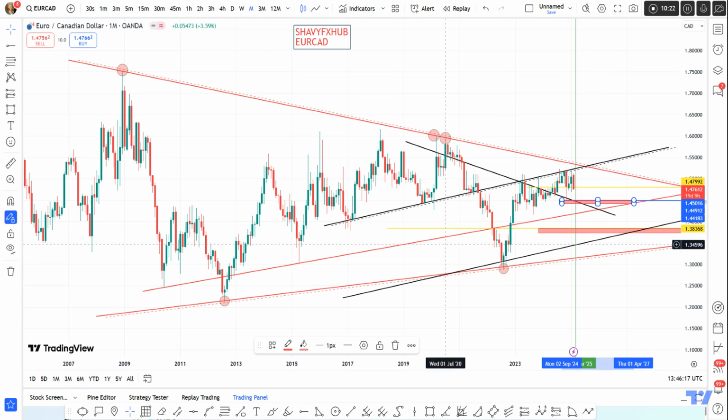So this is what we see on technical, and we have another structure at this area.